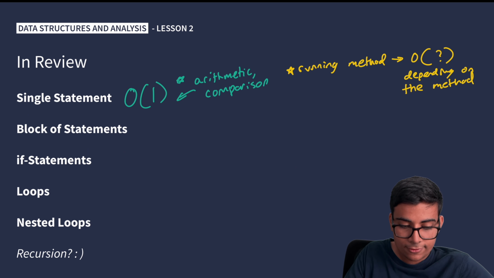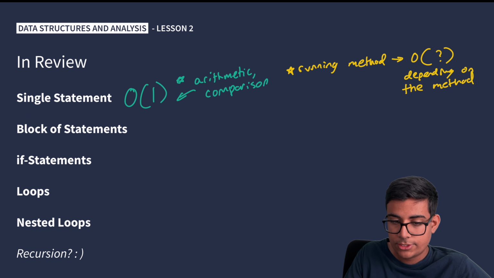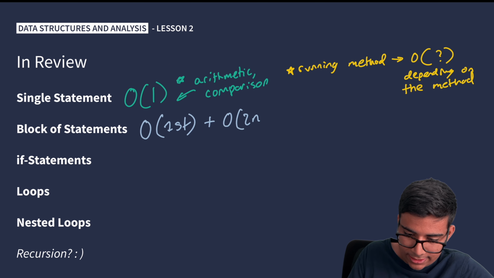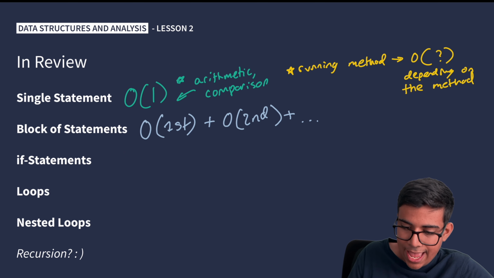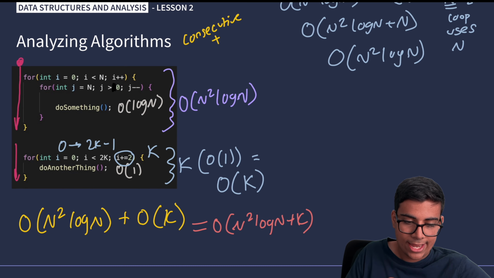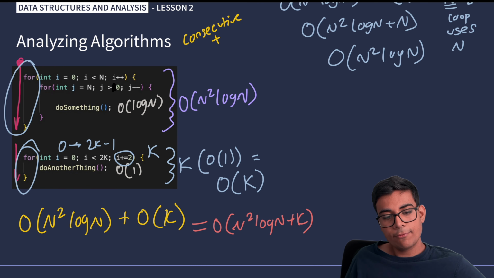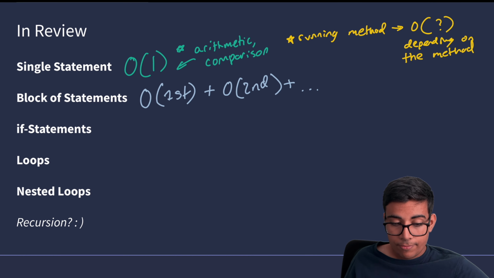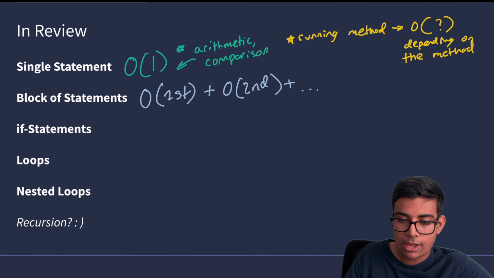Now, if you have a block of statements, meaning you have many statements, you essentially take the O of the first statement and add the O of the second statement, and you add all the statements. This is what I did above, where I had two different statements on the same level and I added them together. So, consecutive statements. Now for if statements, remember, you need to calculate the max.